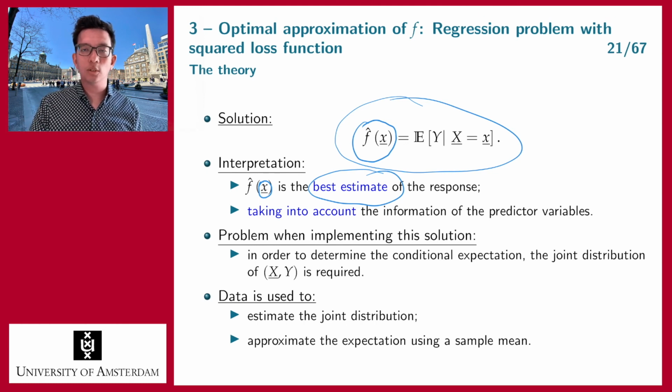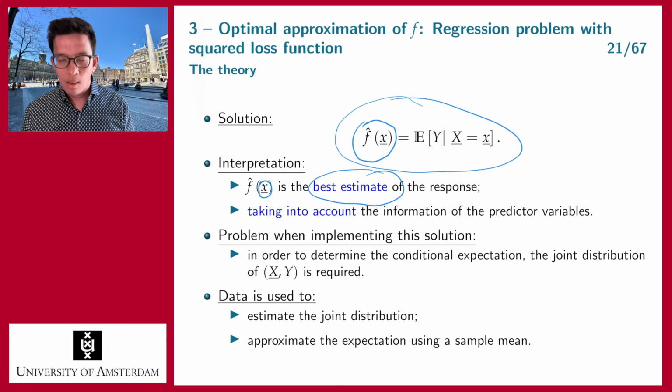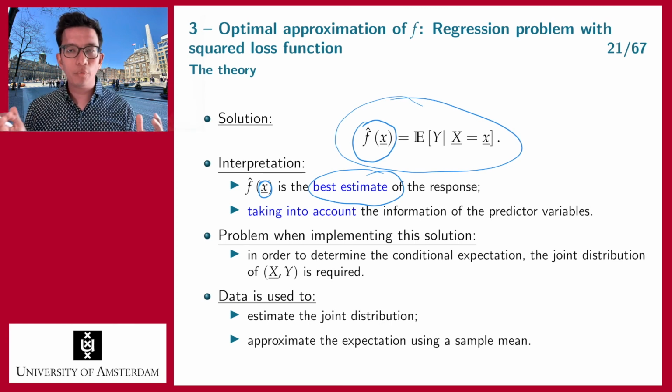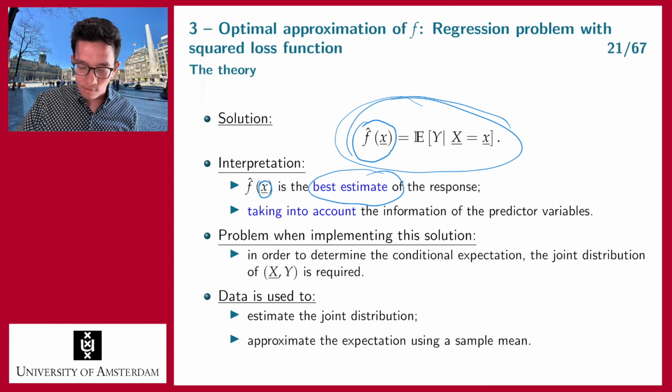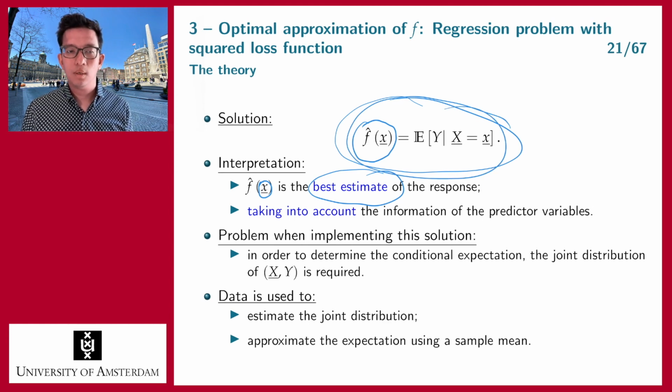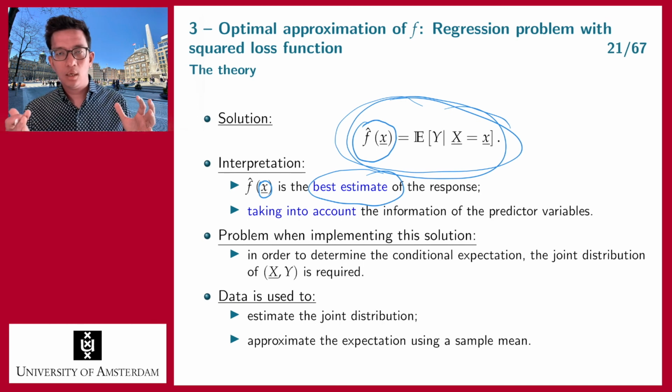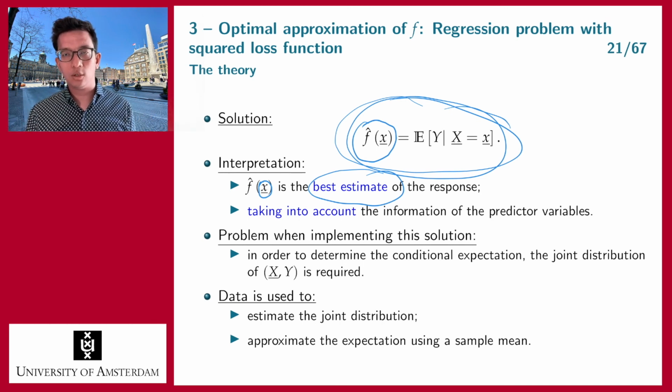It means it tries to find f hat. But what we just proved with some simple math is that, well, you don't need to make life very complicated. If you use a squared error function, then this is your f hat. It means any statistical learning algorithm, with a squared error function of course, should use this f hat.